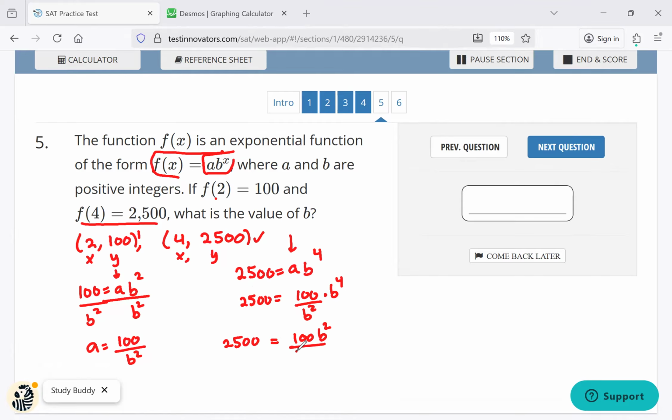Solve for b, so we divide by 100. The zeros cancel, so you're left with 25 equals b squared. Solve for b by taking the square root of both sides, and you get b equals 5. Okay, that's simple.